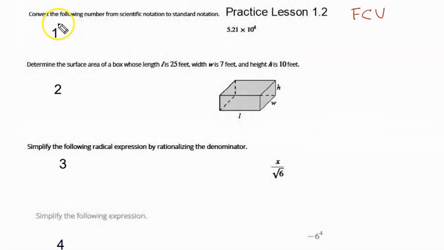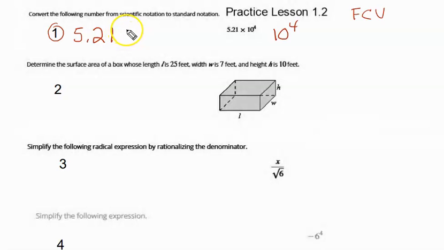Topic, or question 1, I should say, is convert this to standard notation. So let's write it big here. 5.21 times 10 to the 4th power. That means we have to add 4 decimal places to the right.